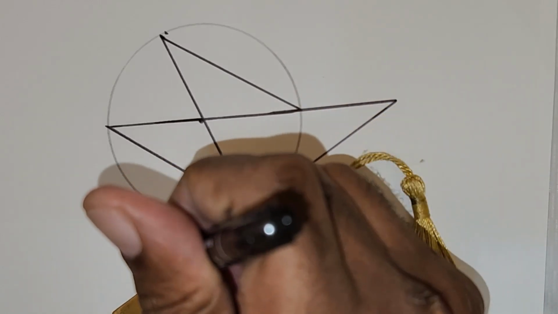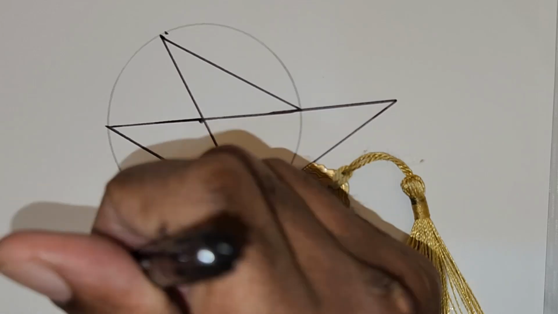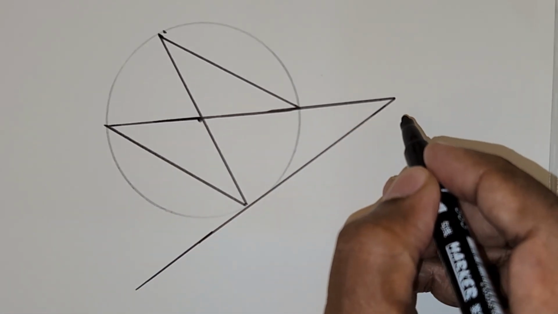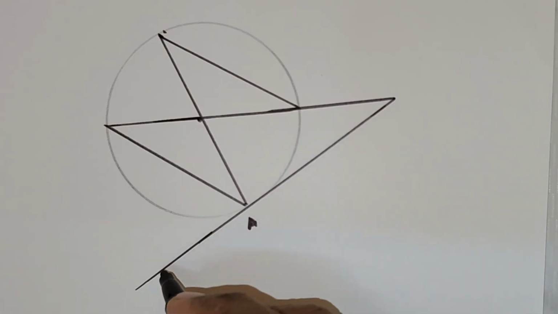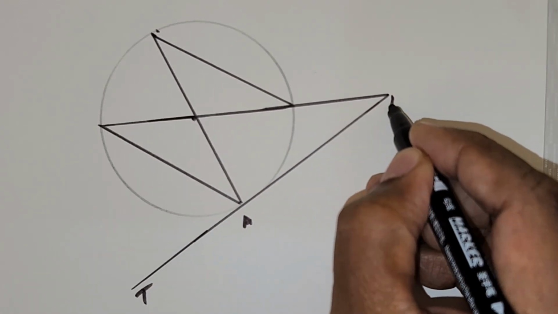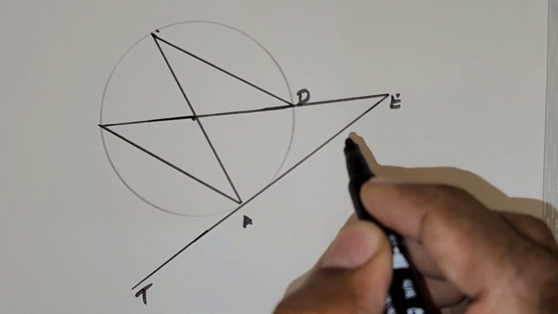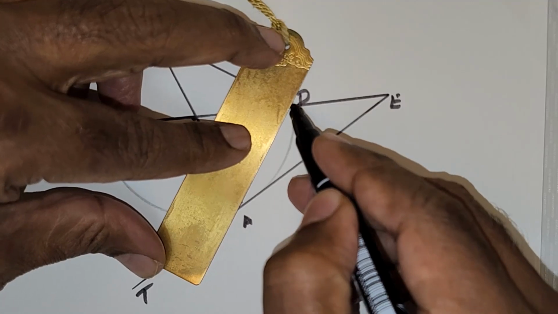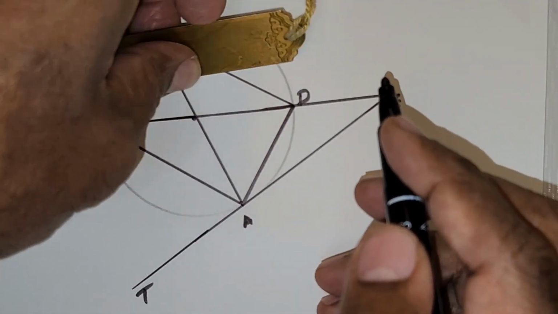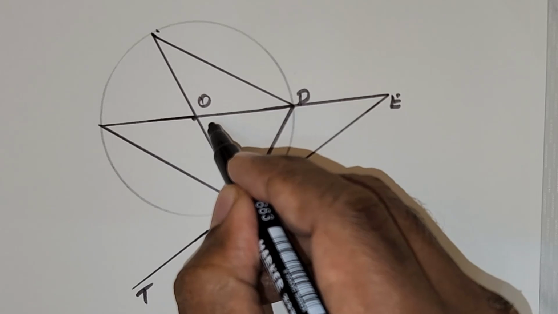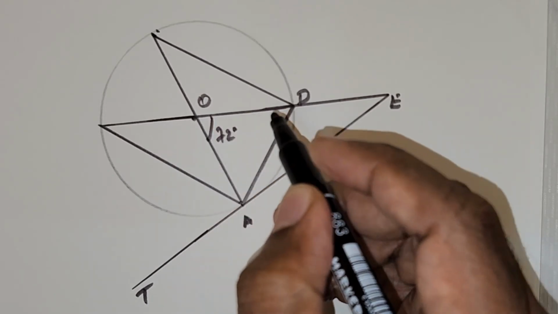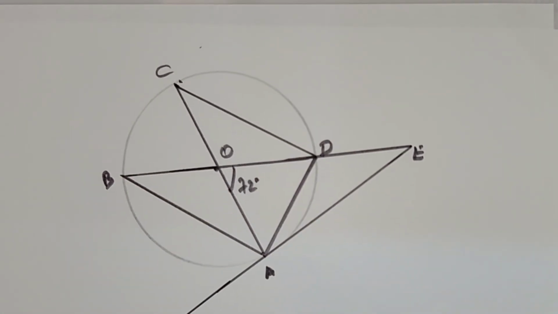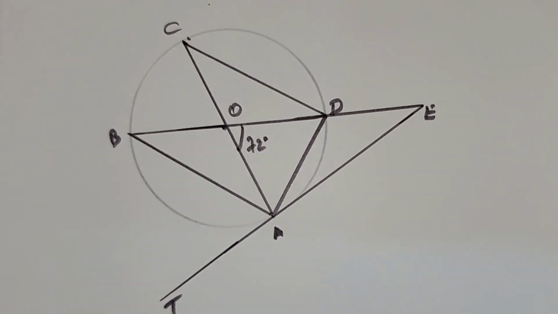So this is A, T, E, D. You need one more connection. Oh, this is 72. This is C. This is B.